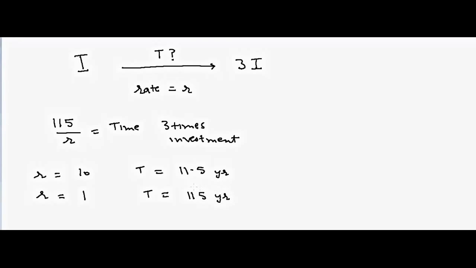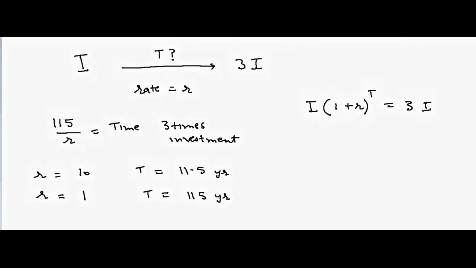So why does this happen? Let's try to solve this problem with the journal approach. The journal approach is to have your investment, and we multiply this investment by 1 plus the interest rate, and each year it is compounded, so we have it raised to power t, and that should be equal to 3I because we are looking for the investment to grow 3 times.